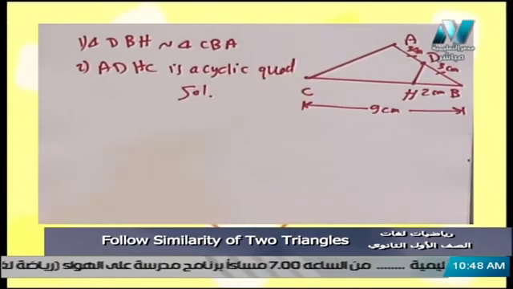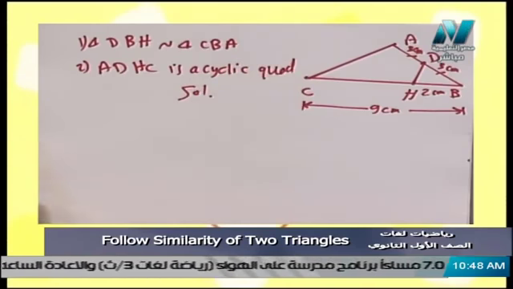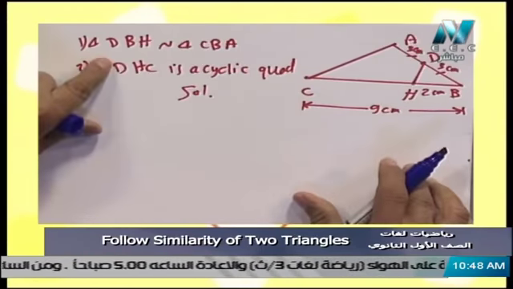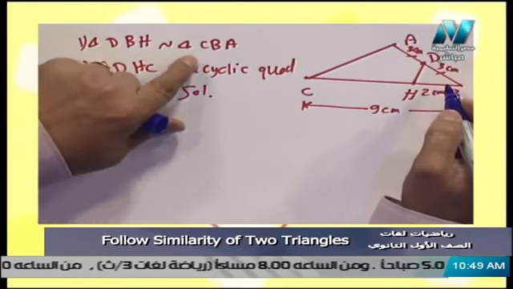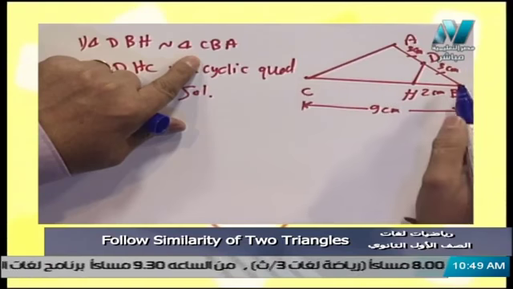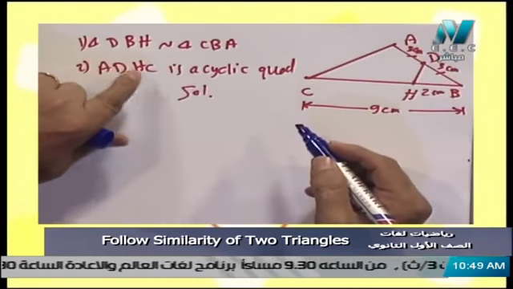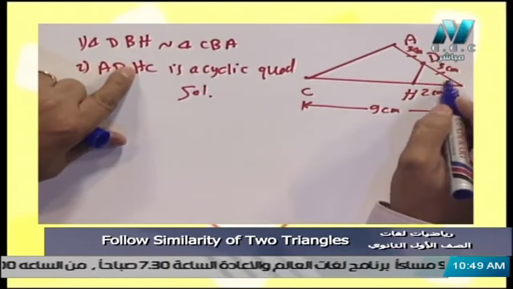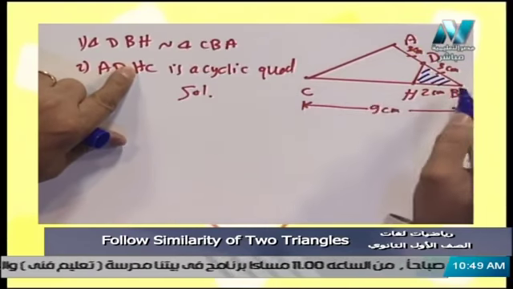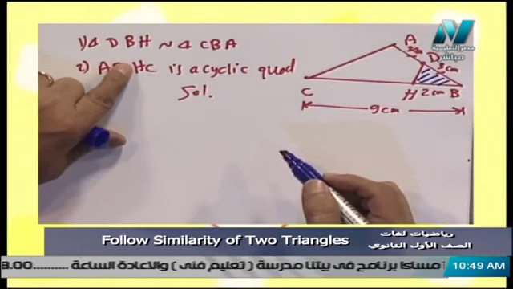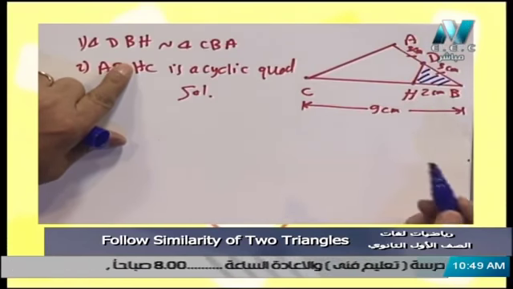Let's solve it. Here we have two triangles, DBH, this is a triangle, and that triangle is CBA. Look carefully at these two triangles. This one, the small one, and the whole triangle, which is CBA. What do you notice? What about angles?